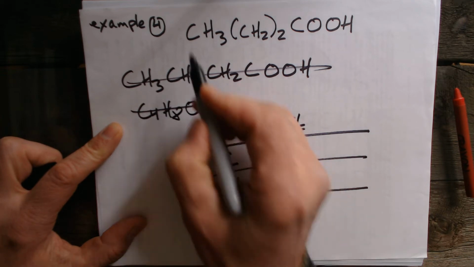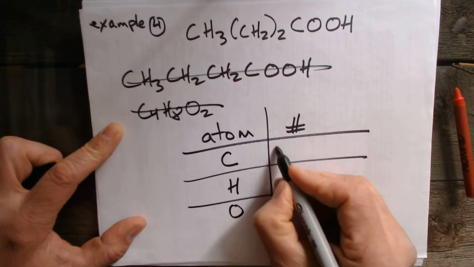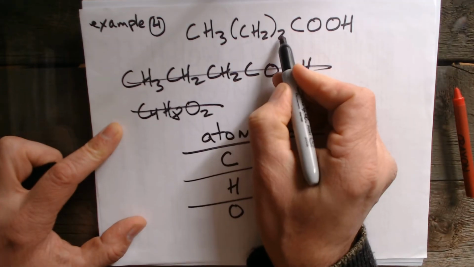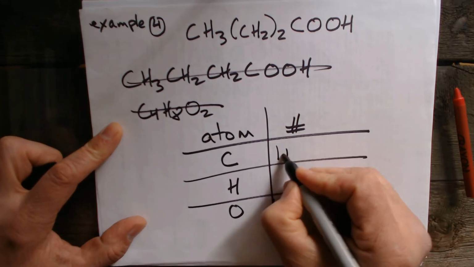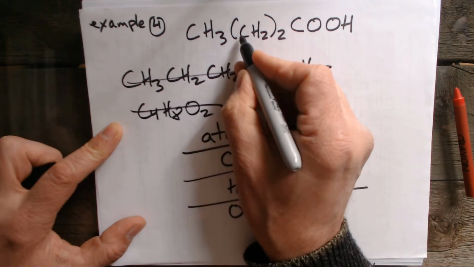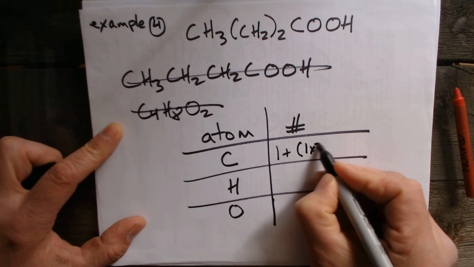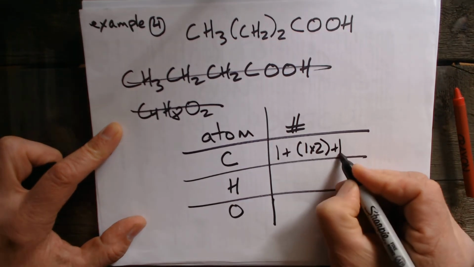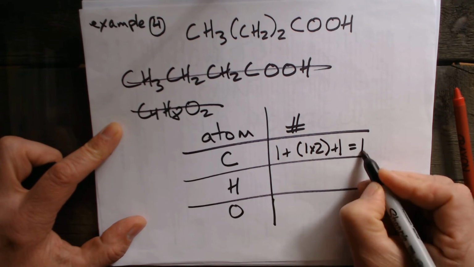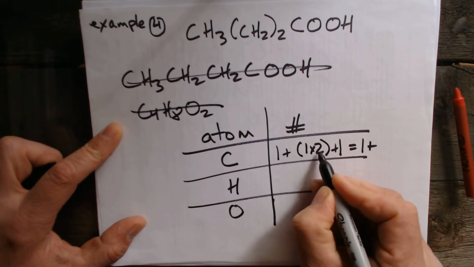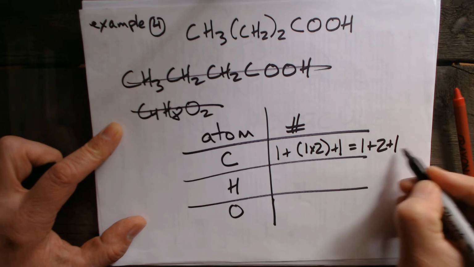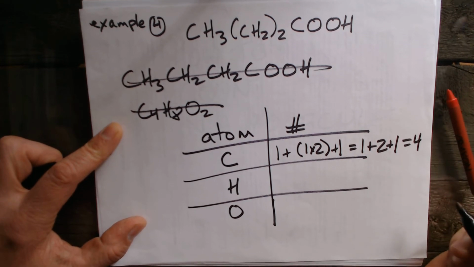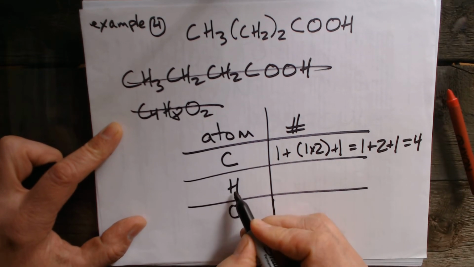So what you do is you go, okay, there's one carbon plus two more carbons, so plus 1 carbon times 2, plus just the one by itself, equals 1 plus 1 times 2 is 2, plus 1 equals 4. Okay, hydrogens.